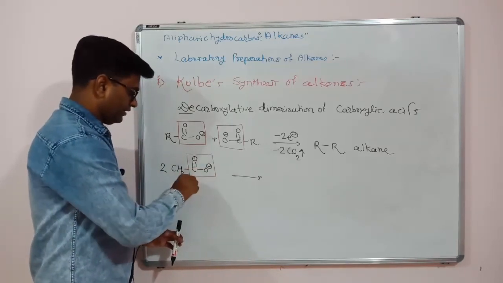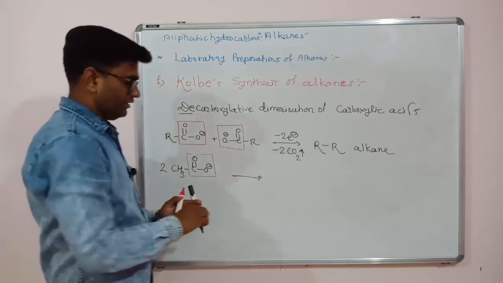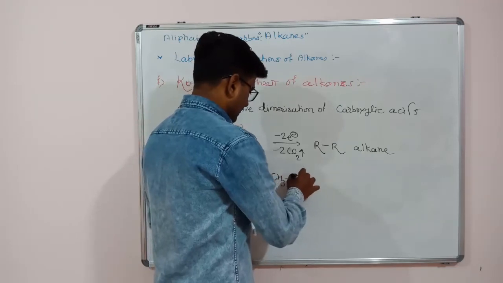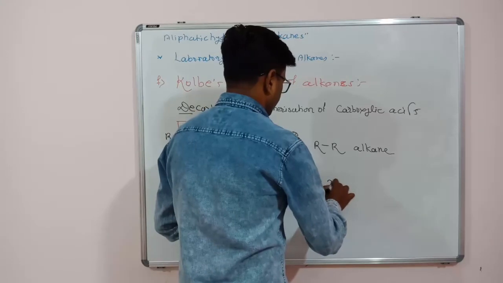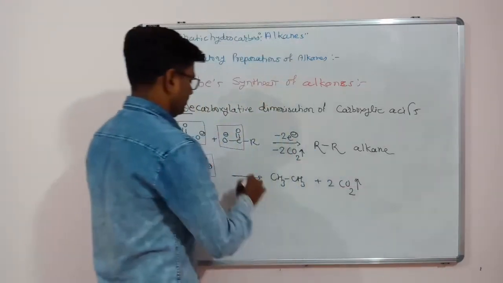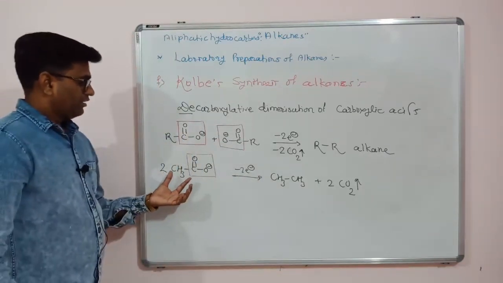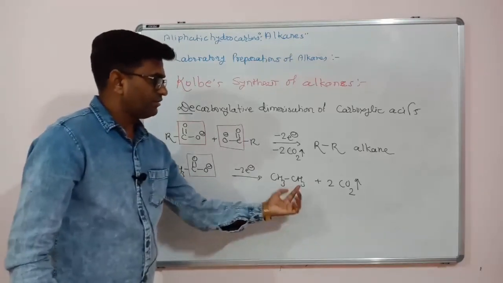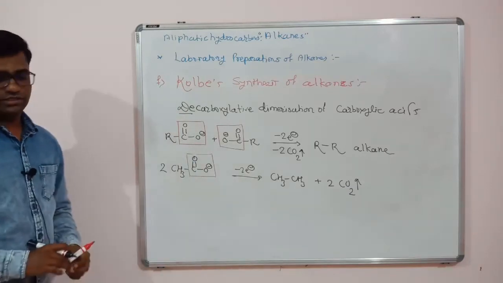This group will leave, and the 2 methyls will get combined with each other and we will get ethane plus 2 moles of CO2 as products. So this is the decarboxylation and it forms a dimer: CH3 forms a bond with this CH3, and we get ethane as a product.